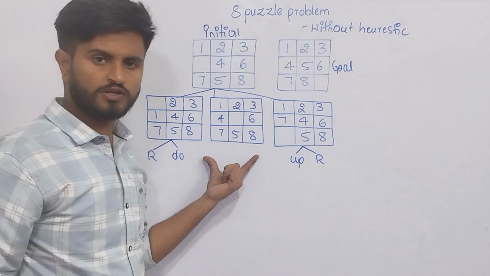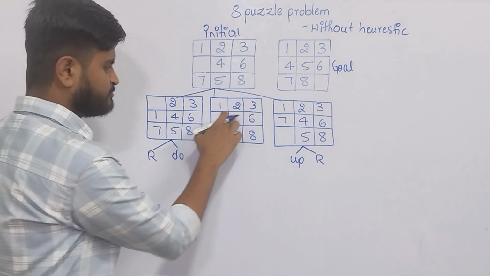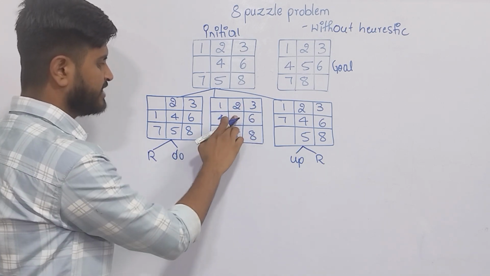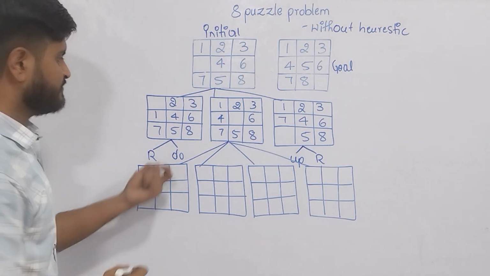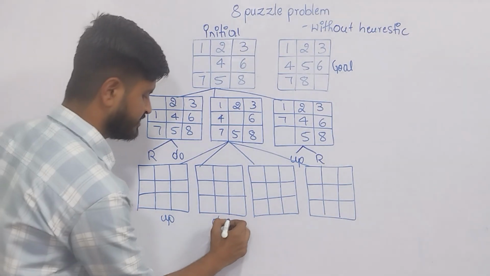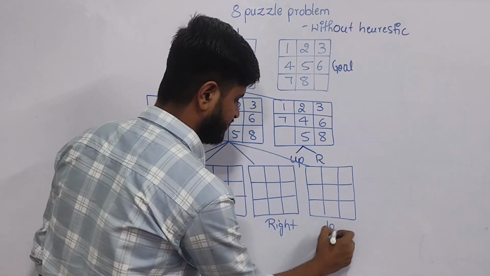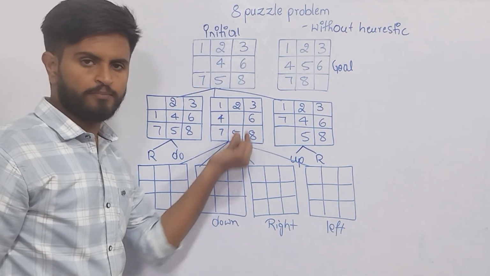Next, using this we will be expanding and reaching the goal state. If you see here, the blank space is at the middle. So it can move upside, right side, downside and left side. So 4 possible conditions. It can move upside, downside, right side and left side. So there are 4 possible conditions when my blank is at the middle.